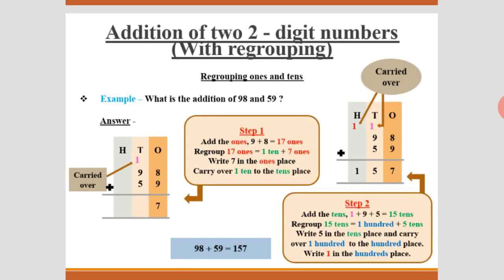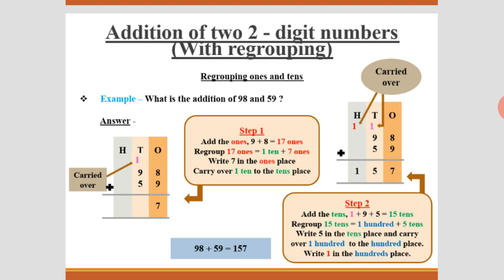Now let's solve one more example, addition of two-digit numbers with regrouping. Now let's understand regrouping ones and tens. Let's take the question: what is the addition of 98 and 59? Find the sum 98 plus 59.